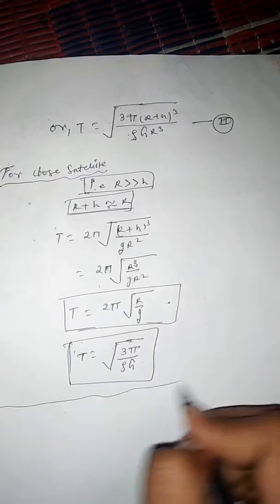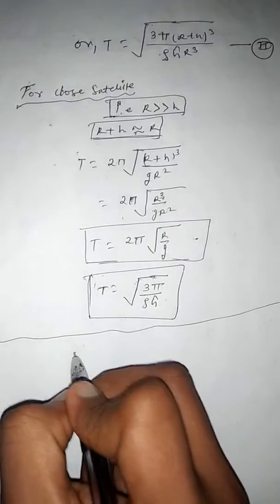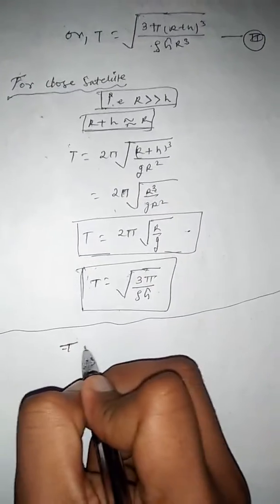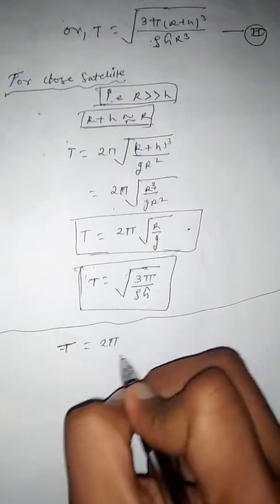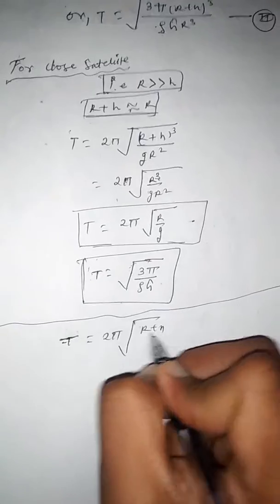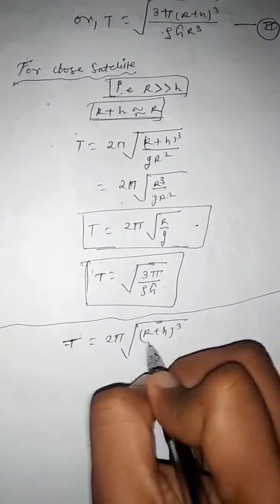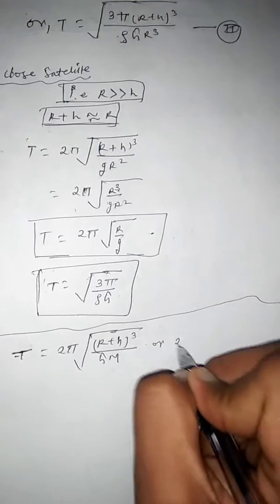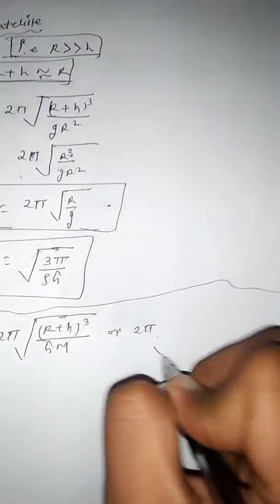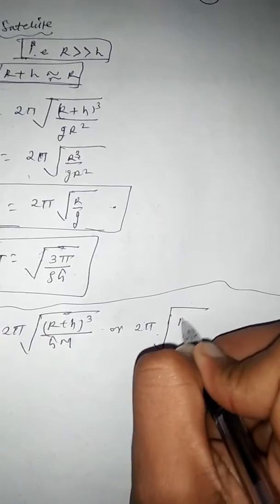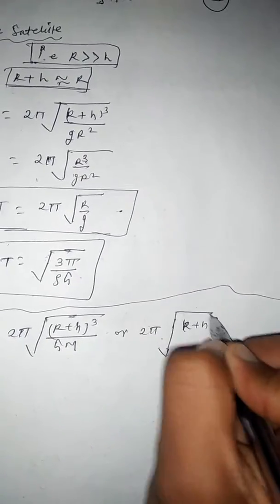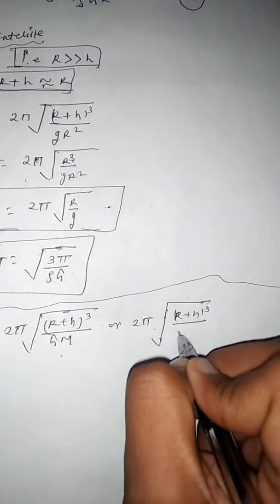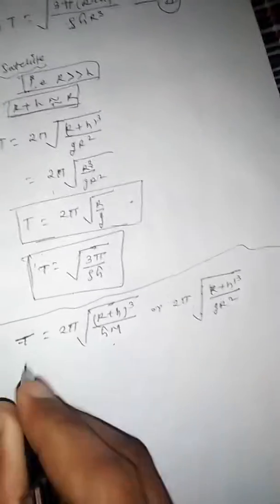By all the above equations we conclude that the formula for the time period of the satellite can be written as 2 pi root (r plus h) whole cube divided by gm, where gm is equal to gr square.